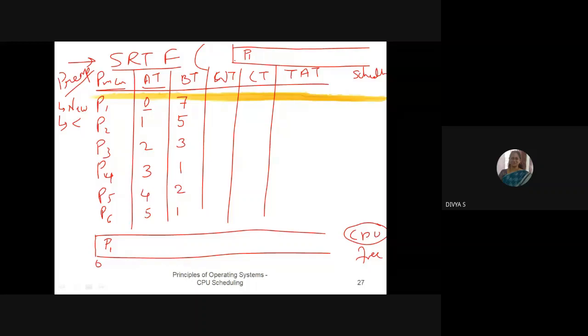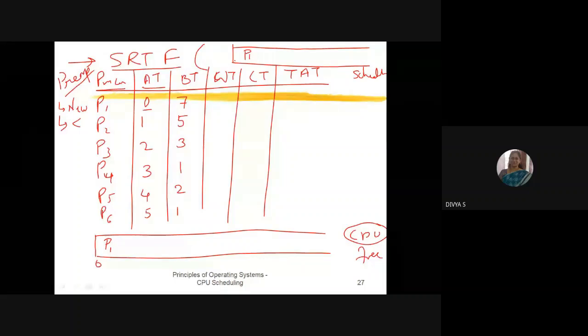I repeat, the current executing process can be preempted by satisfying two conditions. The first condition: are there any new processes available or not? If the first condition is satisfied, it moves on to the second condition. The second condition itself decides whether the current executing process can be preempted or not.